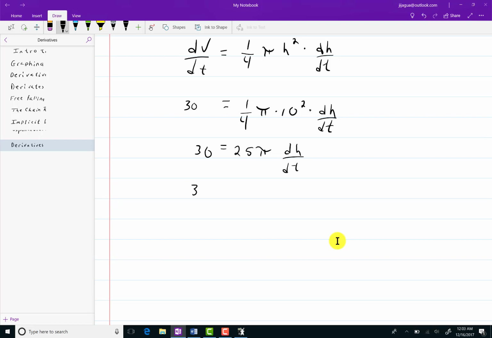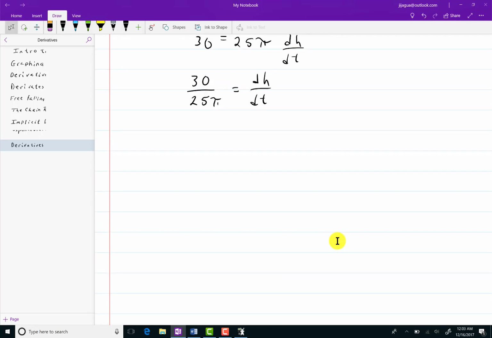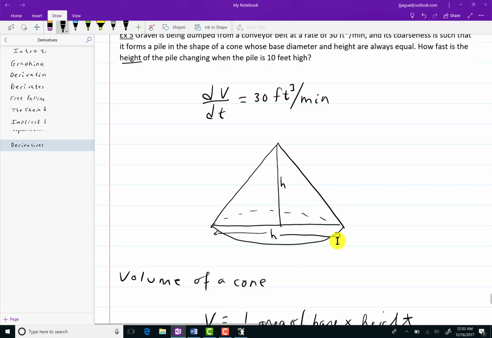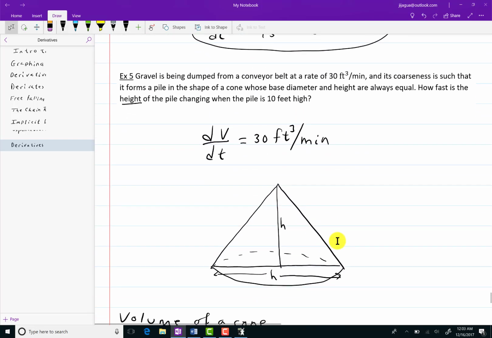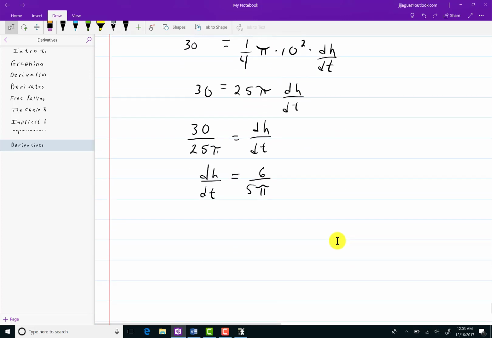I get 30 divided by 25 pi equals dh over dt, or simplified, dh over dt equals 6 over 5 pi, and the height is measured in feet, and the time is measured in minutes. So this is feet per minute.